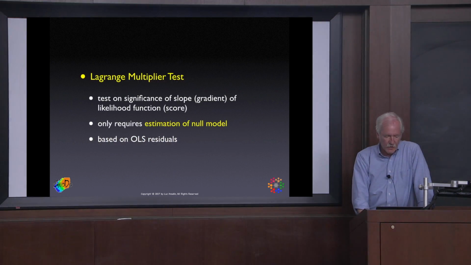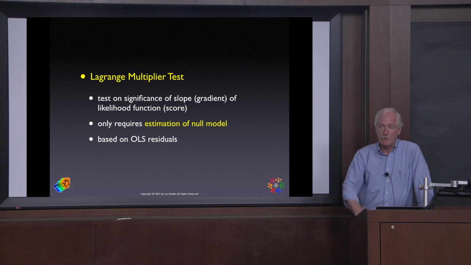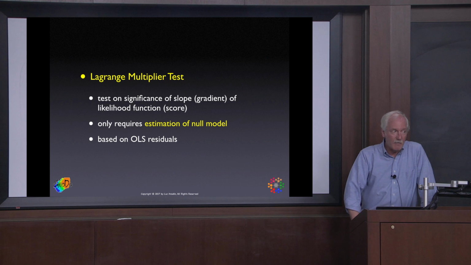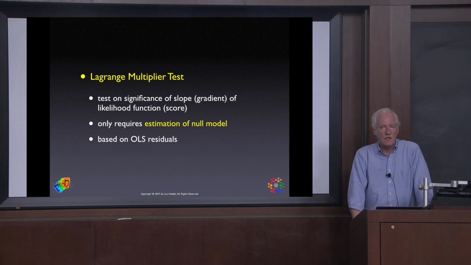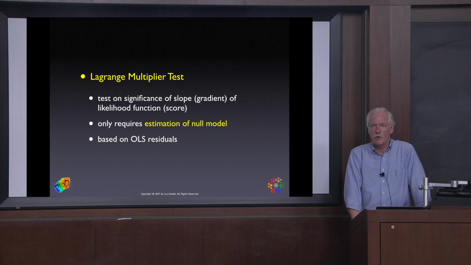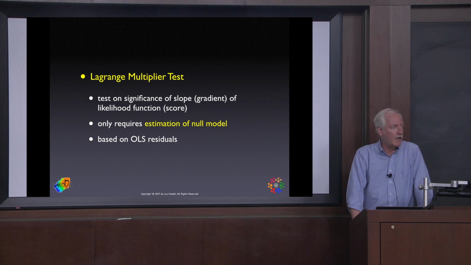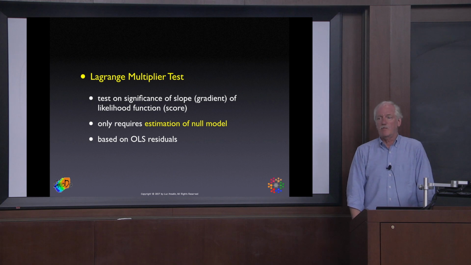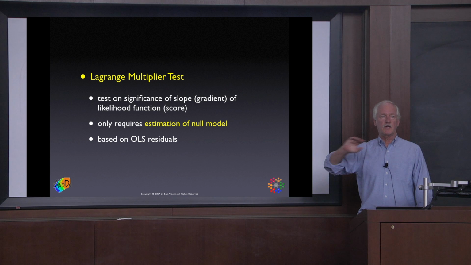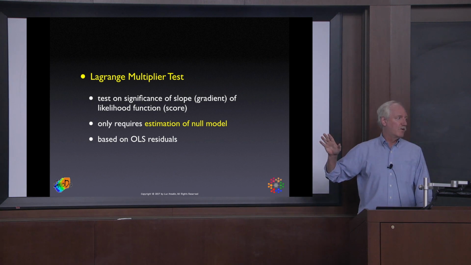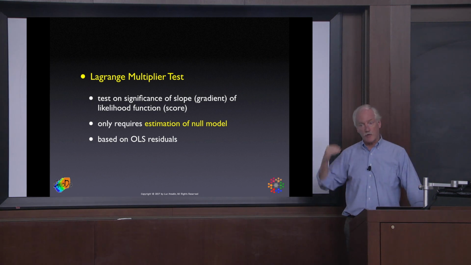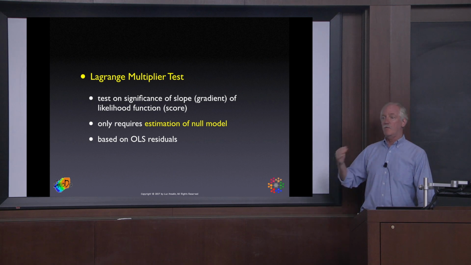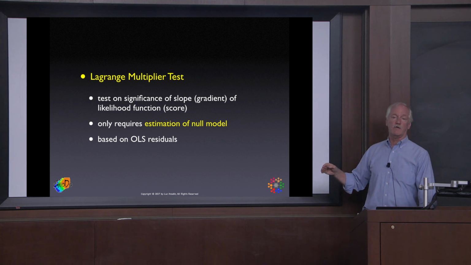Then finally, the Lagrange multiplier test, that's the one with the slope. The handy thing about that, and that's why in the 80s and the 90s, Lagrange multiplier tests were all the rage, is that you don't have to estimate the alternative model. In other words, you never have to get into spatial econometrics at all. You just use the results of the constrained model, constrained model being standard least squares regression.